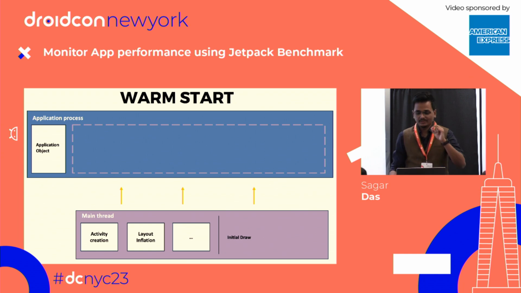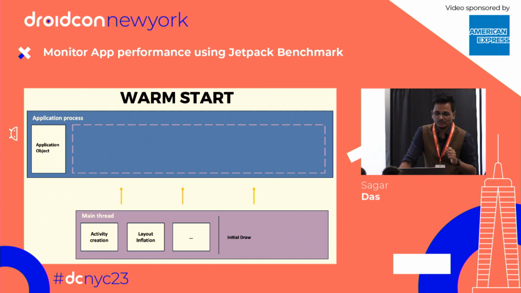Now, how does it differ from a warm start? Cold start is a case where your app was never launched. Warm start, now, there is no scientific way of differentiating between a cold start and a warm start. But if you refer to Google's Android documentation, the way they describe it is your app was launched at least once, and there is some sort of residue or remnant existing in your device memory.